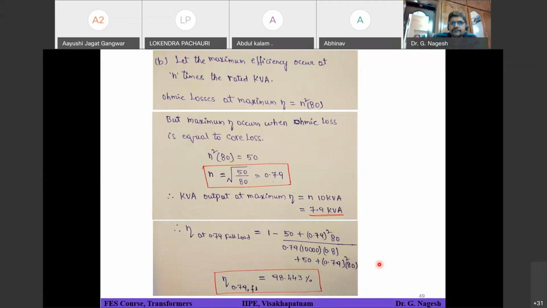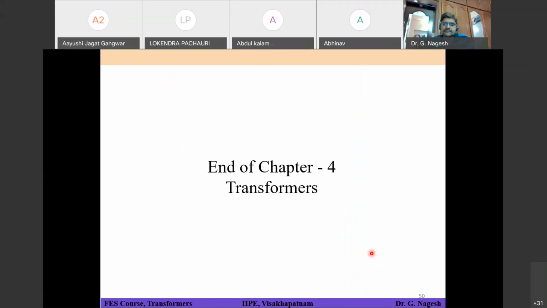So with this, the transformer chapter is done. There will not be any tutorial sheet for this chapter also, because only those 4 models will be there. If you practice that, that is good enough. So that's it for this chapter.